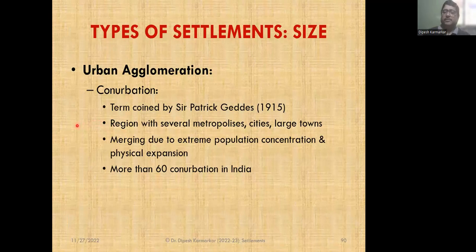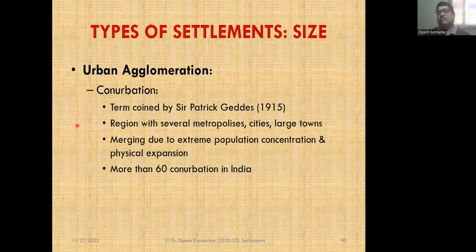There is another concept under urban agglomeration that can be mentioned, and it is conurbation. It's a term coined by Sir Patrick Geddes in 1915. Conurbation is a region which includes several metropolises, where there is more than one metropolis, or more cities coming together.